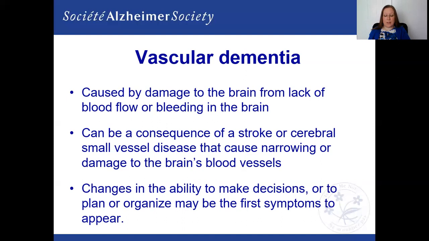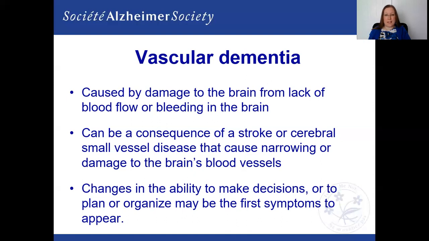Other changes may include difficulties with their movement. So they may have a slow gait and they may develop poor balance over time. Symptoms in this type of dementia tend to appear slowly, and specific impairments may occur in different steps.